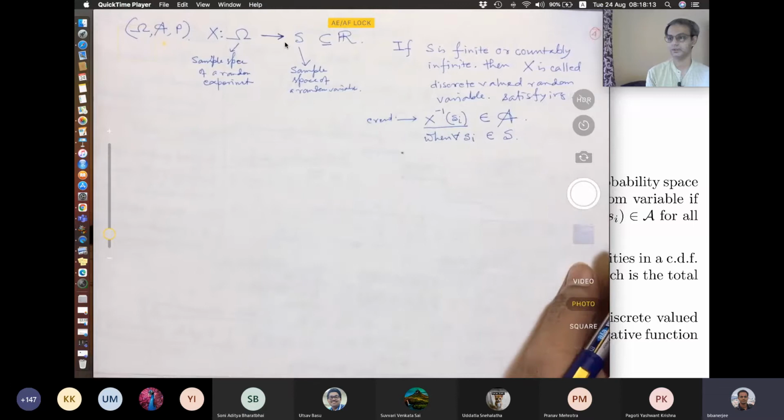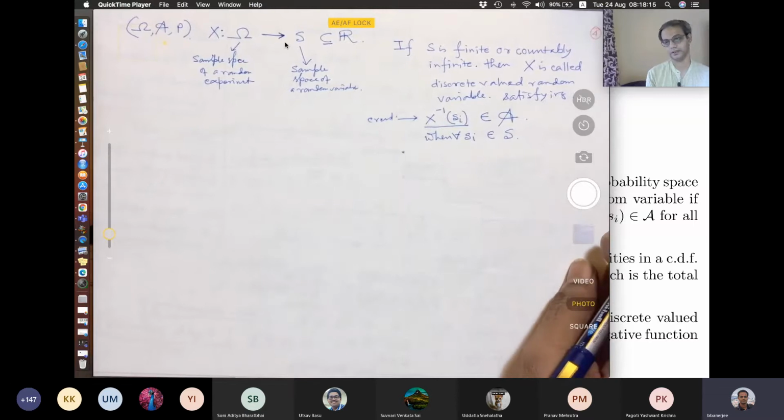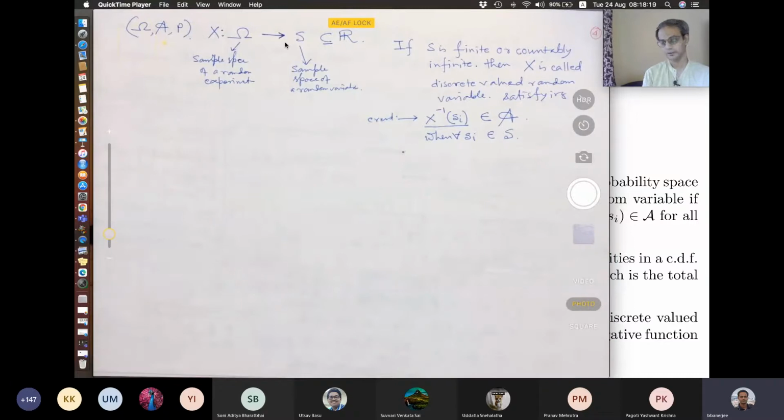For all Si, this is an event. This is the definition of a discrete valued random variable.